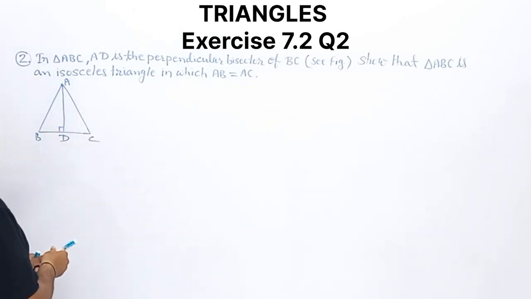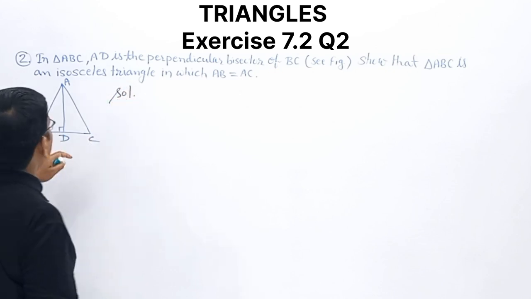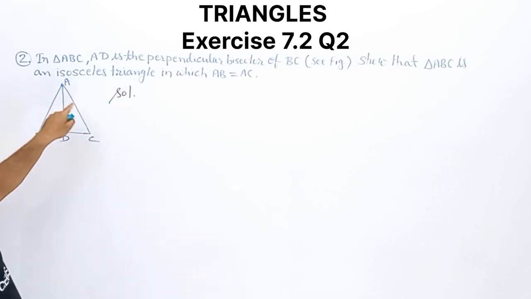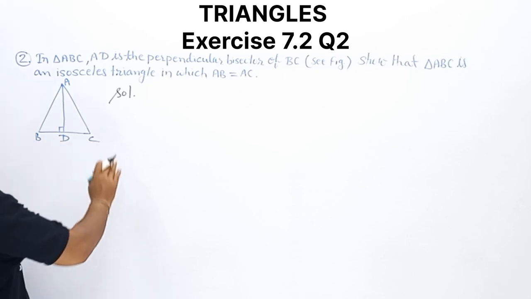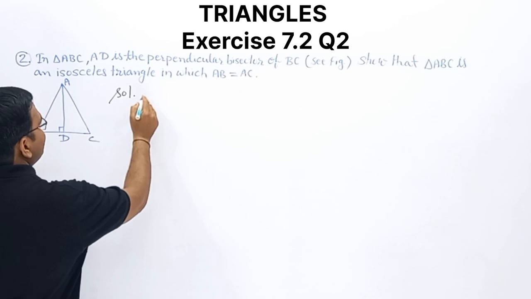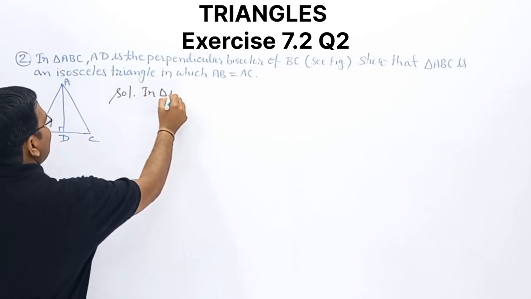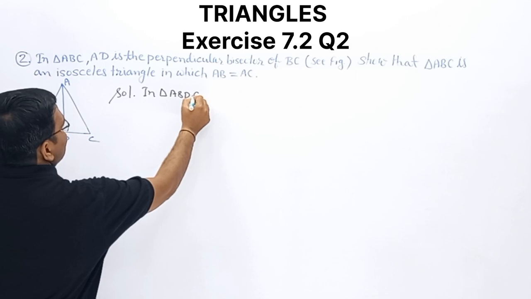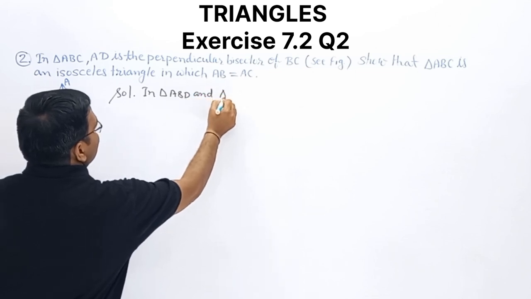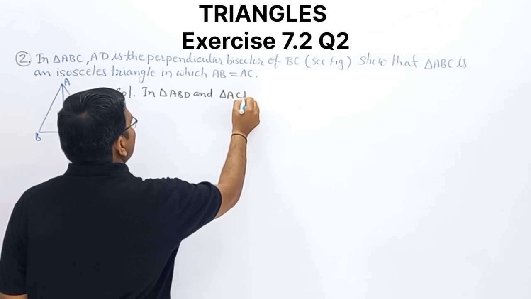Observe carefully, it is a simple question. What about its solution? We want to prove whether ABC is an isosceles triangle or not. So, how will we do it? In triangle ABD and triangle ACD.